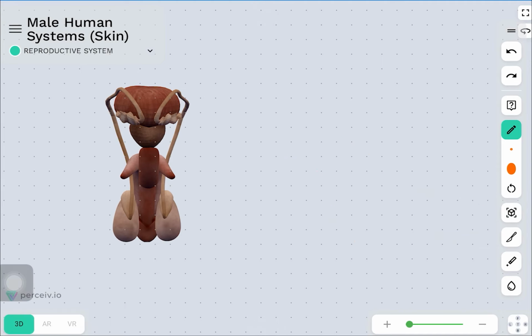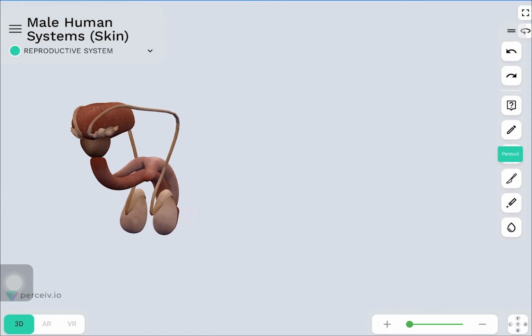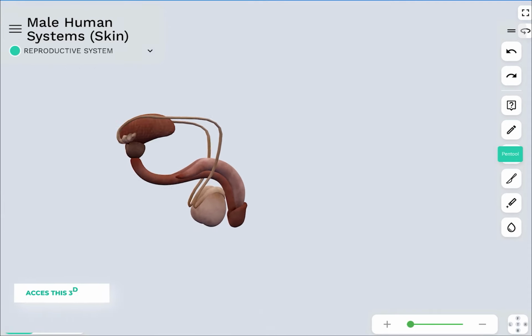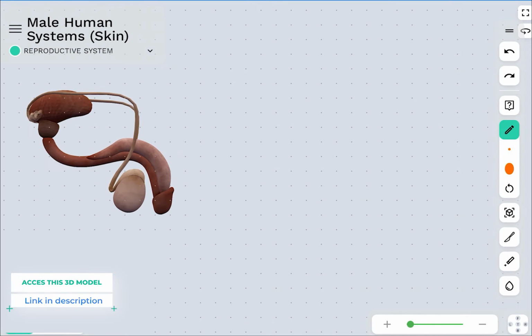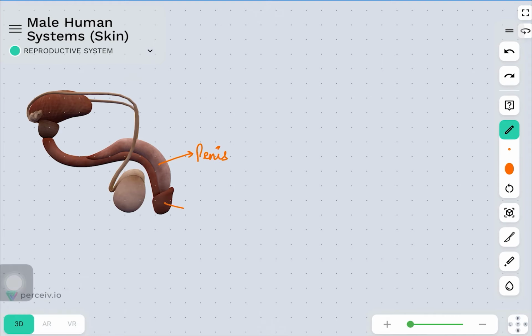Now, in case of the male external genitalia, there are two components. The main external genitalia here is constituted of penis, and this one is the glans penis.